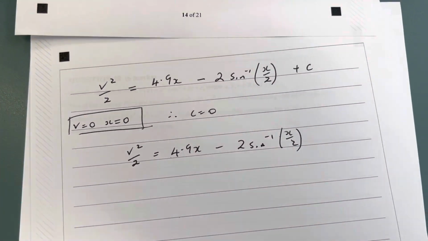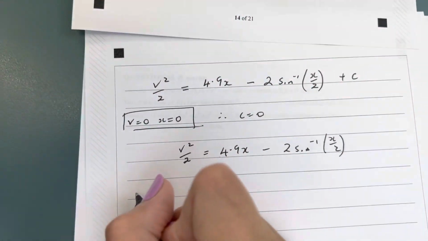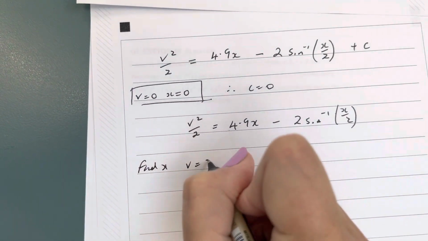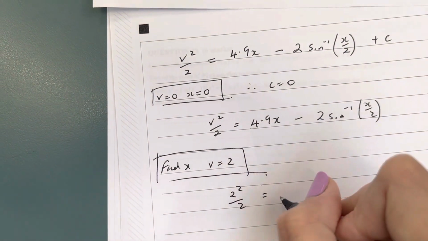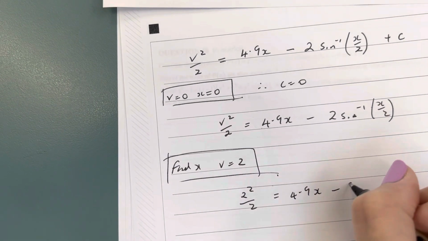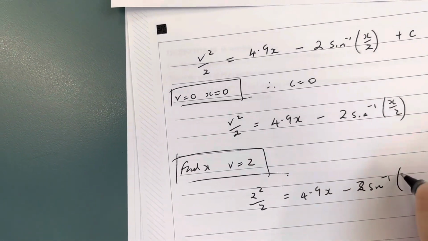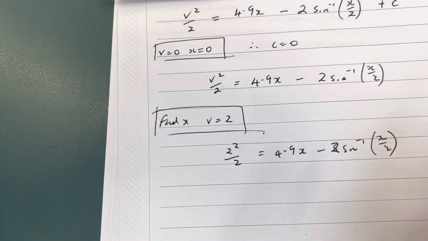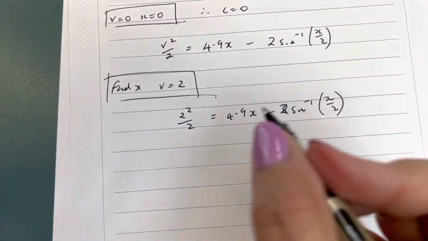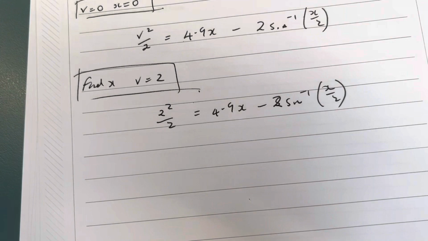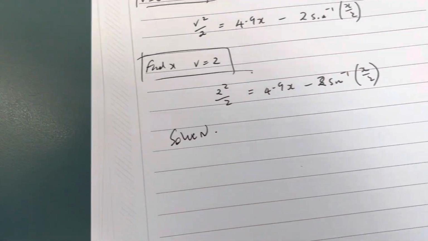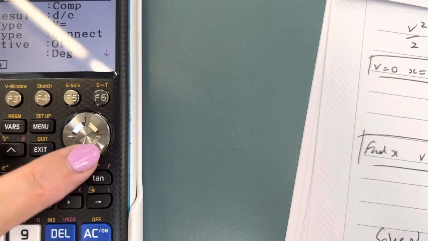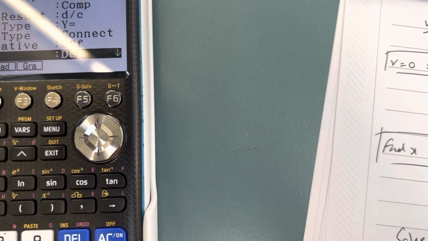We were asked to find x when v equals 2. So 2 squared on 2 equals 4.9x minus 2 sine to the negative 1 of x on 2. Quite a difficult equation to solve, but we've got our solver. Remembering when we go to our calculator, make sure we are in radian mode.